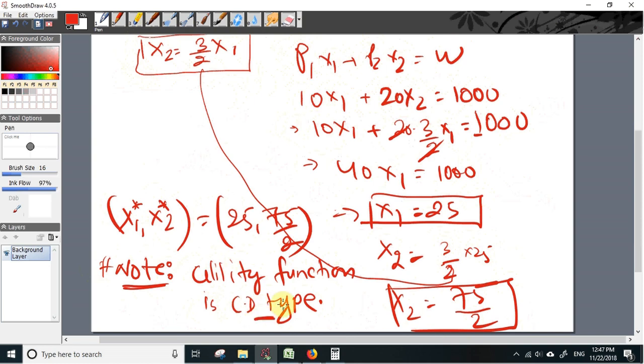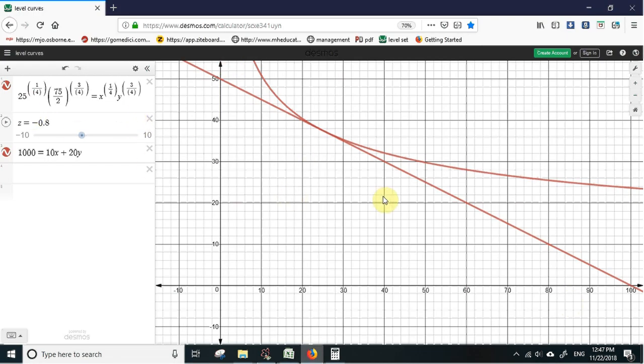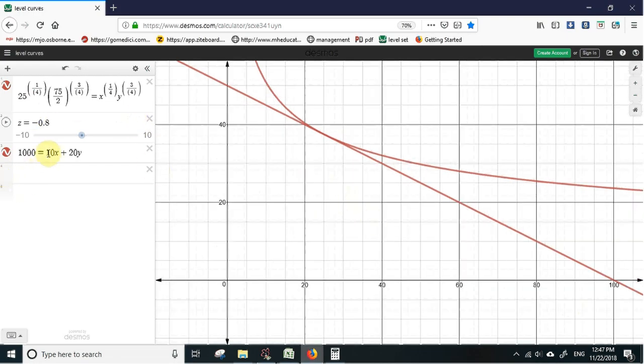Now finally let us look at this in a graph. I have plotted here the budget constraint and the utility function in the graph.